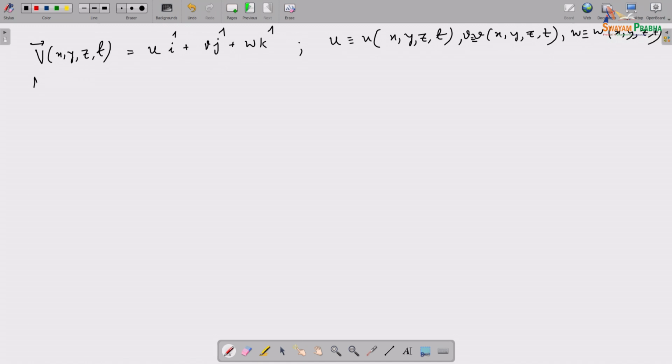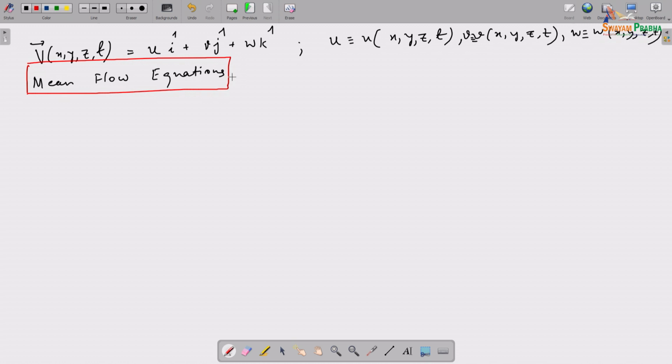It's very random, and it's fluctuating at every instant of time, as well as at every point in space. So if I have a turbulent flow, how do I represent it? We do what is typically known as mean flow equations.